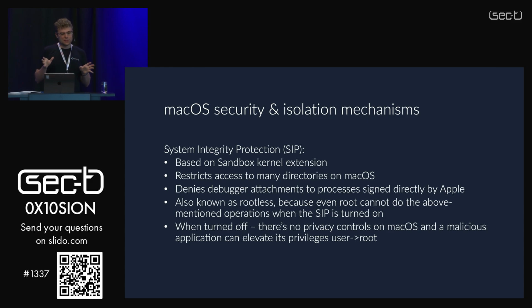This is the thing that's responsible for denying the debugger when you want to debug some Apple-signed processes. System Integrity Protection is also known as rootless, because even if you are root, you should not be able to do the above-mentioned operations. That is that important.